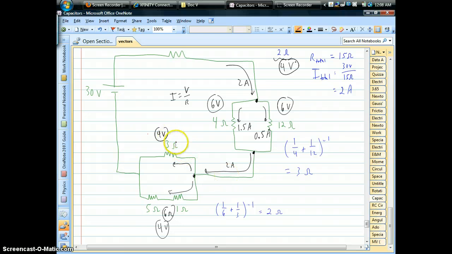Okay. Now let's see what we get. On top we've got 4 volts divided by 3, so that's probably easier to keep as a fraction. 4/3 amps on the top branch. And now on the bottom we've got 4 volts divided by 6 ohms.